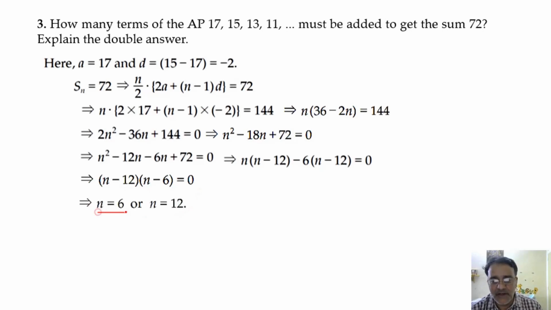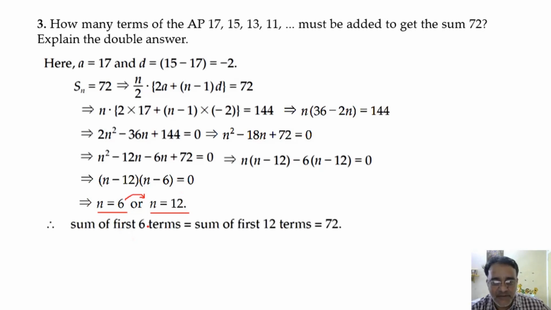So we are getting two values. See, these are not consecutive numbers. So this means after 6 there are 6 more terms, and the sum of those 6 terms after the 6th is 0; we have to show that. Carefully see: the sum of first 6 terms is equal to the sum of first 12 terms, which is 72.